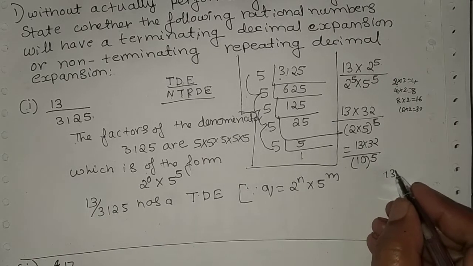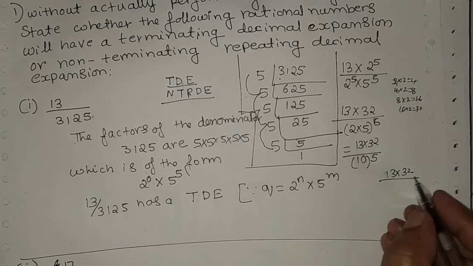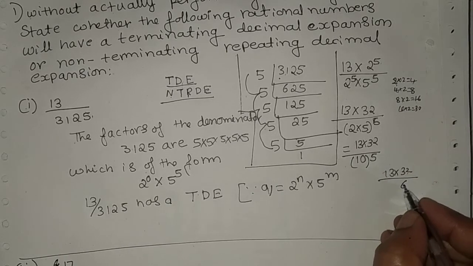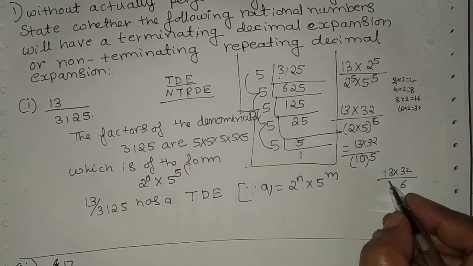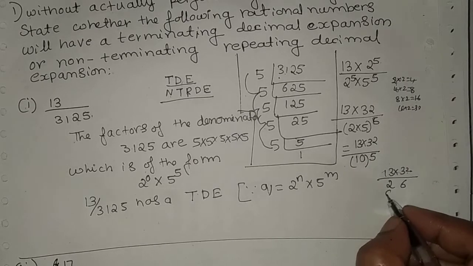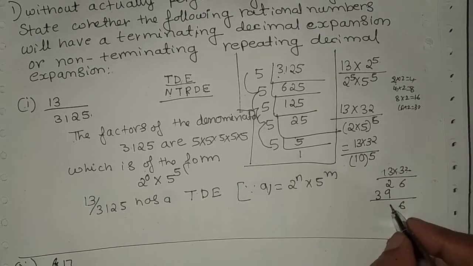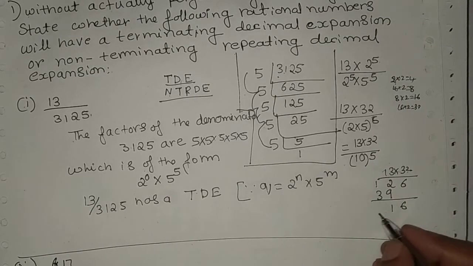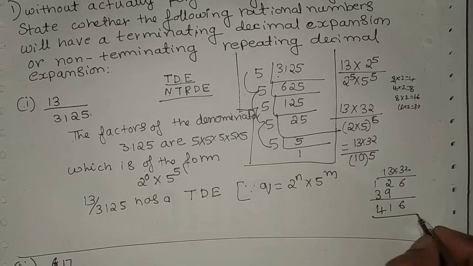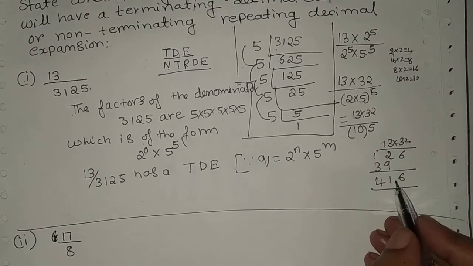So what is 13 into 32? 2 threes are 6, 2 ones are 2, 3 threes are 9, 3 ones are 3, 6, 11, 1, 4. So we are getting 416.